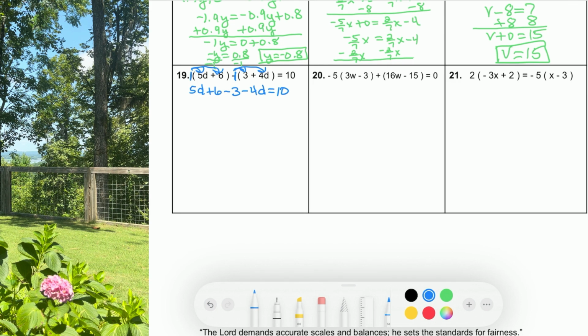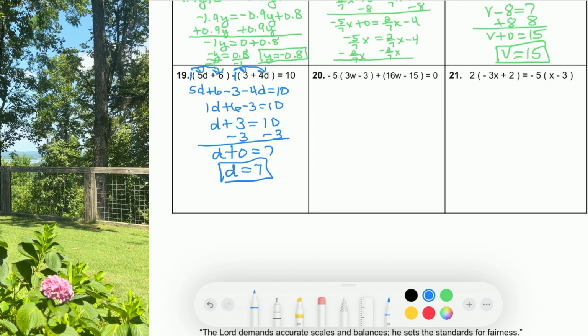All right, so 5d minus 4d is just 1d. And then 6 minus 3 is 3. Now we need to move that 3 to the other side by subtracting it. So d plus 0 equals 7. So d equals 7.